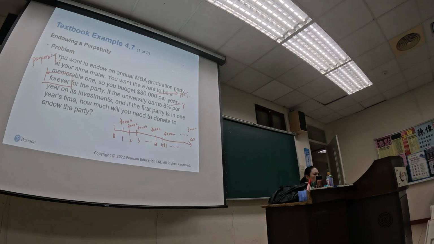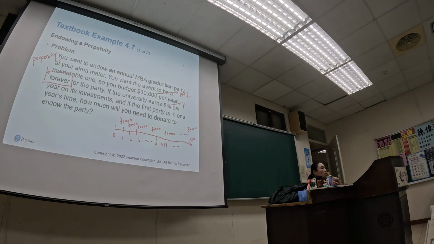So what's the question? Now a lot of trusts are doing that. Or even like the scholarship you are receiving at NTPU, okay? One of the foundations actually donated a huge lump sum today. And then from next year, it can last forever, okay? So basically, we are computing the present value, how much is the lump sum today, in order to be able to pay out from next year and last forever.